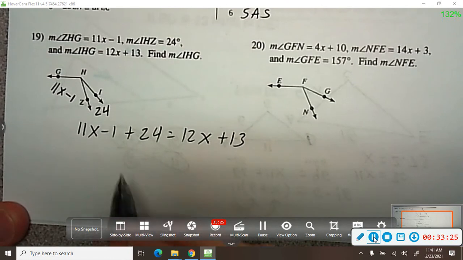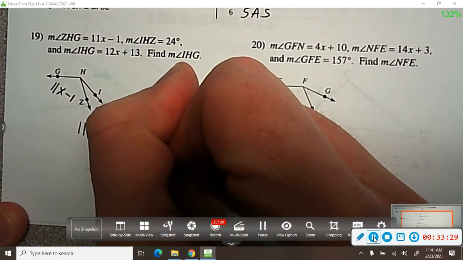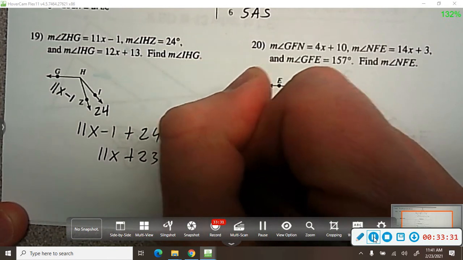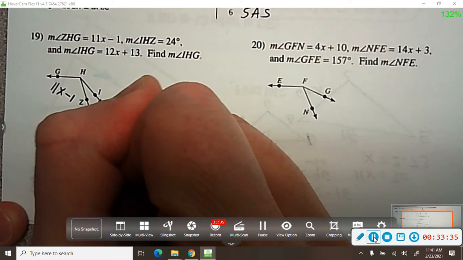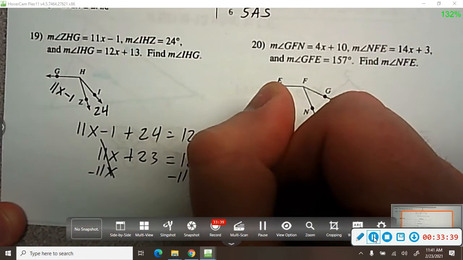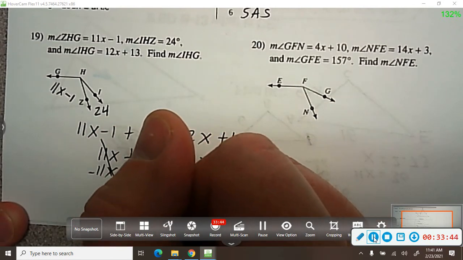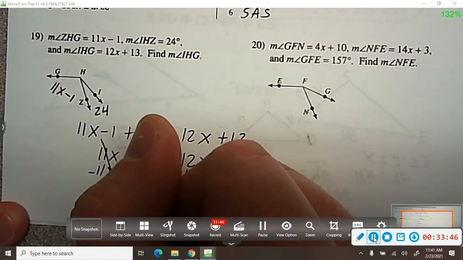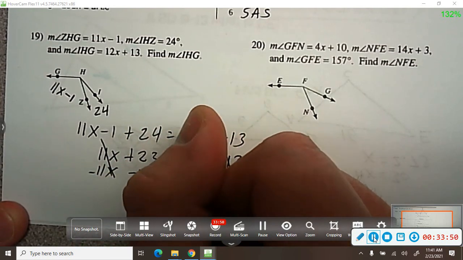And then solve. Negative 1 plus 24 is 23. And then I'll subtract 11x from both sides. Subtract 13 from both sides. 23 minus 13 is 10. That'd be 1x.